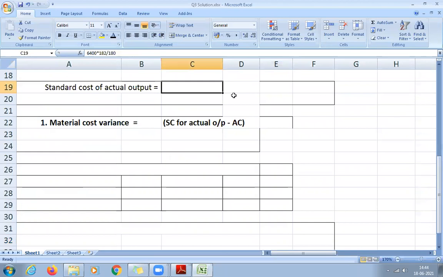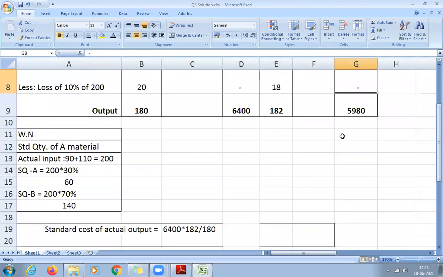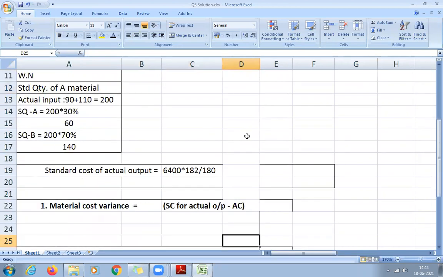How to calculate is very simple. Take the total standard cost, 6,400, into the actual output quantity divided by the standard output quantity. So 6,400 into 182 divided by 180. Calculate.